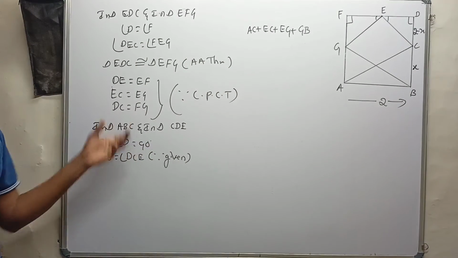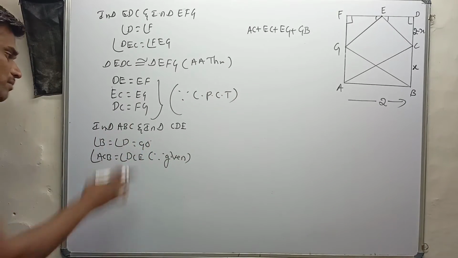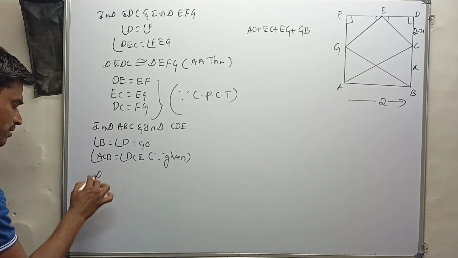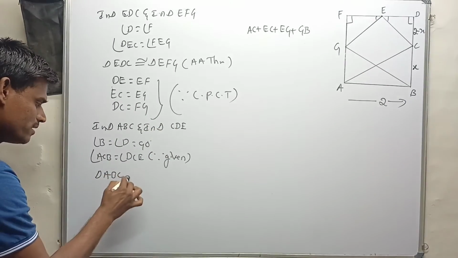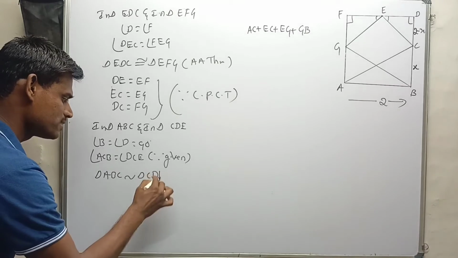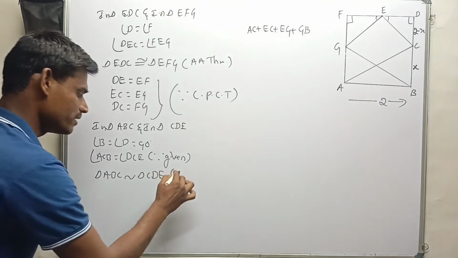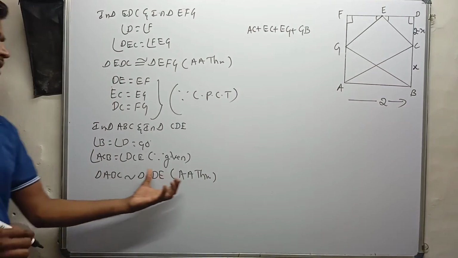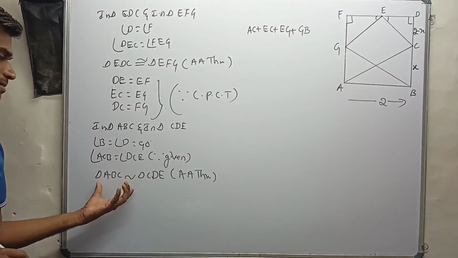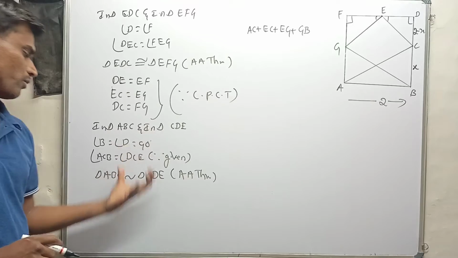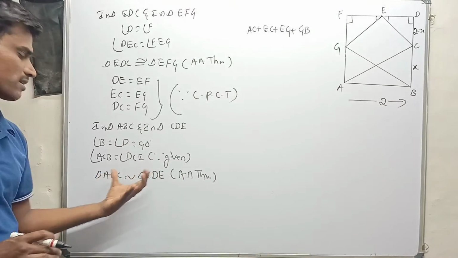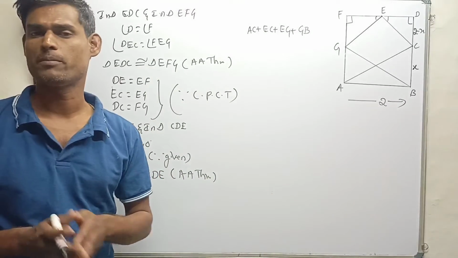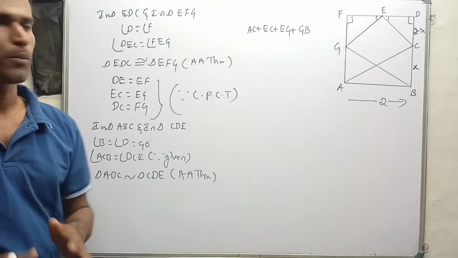So we can say that with the help of the AA theorem, triangle ABC is similar to triangle CDE. So now we proved that these two triangles are similar to each other. We know that if two triangles are similar, then their corresponding sides are in equal proportion.